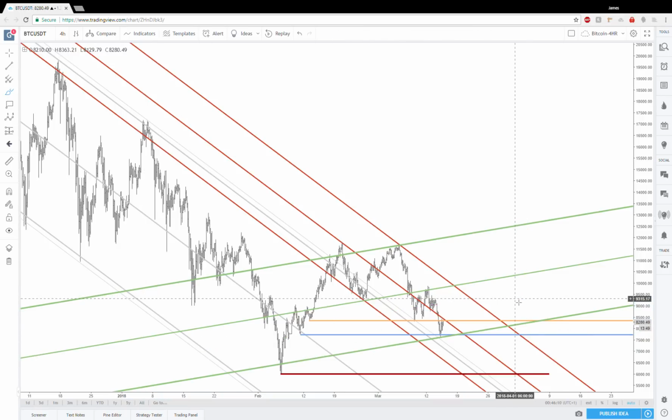Until then, there's no way I would hold Bitcoin for the long term in my own personal portfolio. I'll trade Bitcoin intraday, daily, multi-day, but there's no way I would take a long-term stake based on this price action until those two things are confirmed.